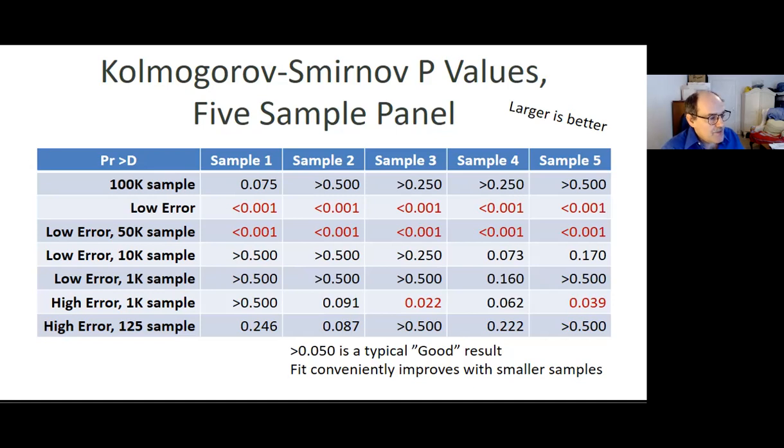And then I drop it to 1,000 values, and they all pass. And then I go to the high error, the 5% error at 1,000 values. And a bunch of them pass except for 2 out of 5 do not pass. And then I drop the sample really small to 125. And of course, they all pass.